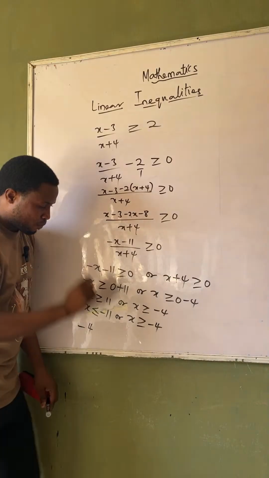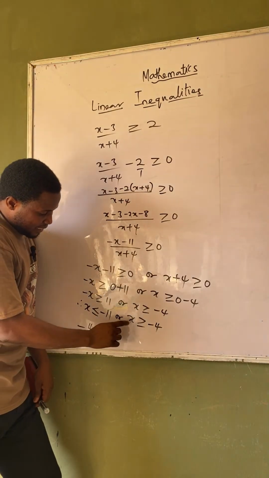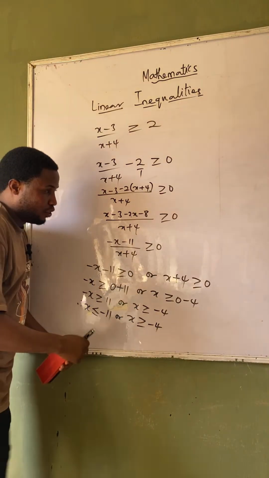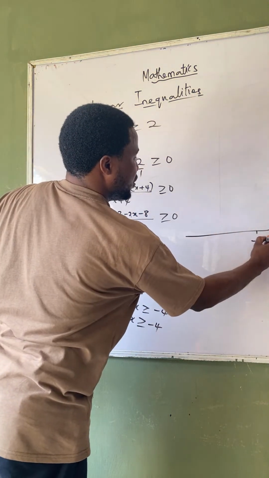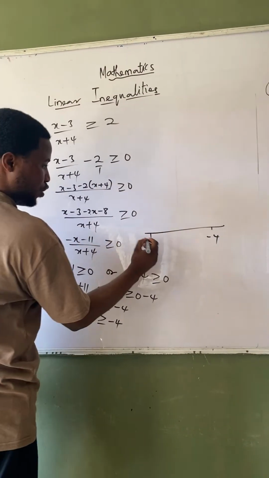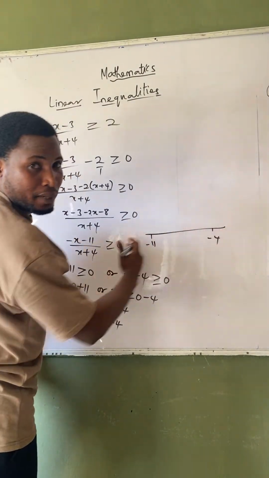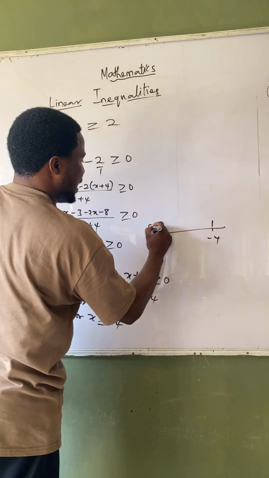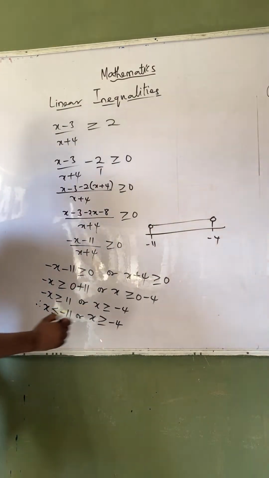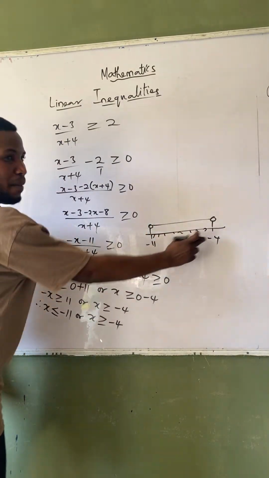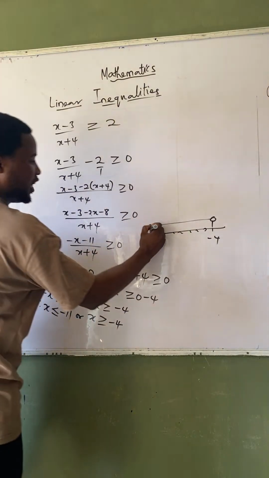I cannot start with minus 4, because minus 11 is, look at it on the number line. This is minus 4, minus 11. Of course, minus 11 comes before the minus 4. So the values are in between this guy. With minus 11 and minus 4 inclusive, that means I need to shade.